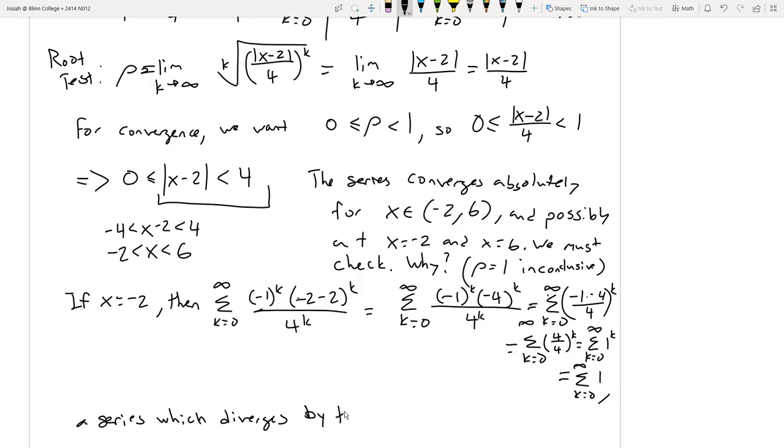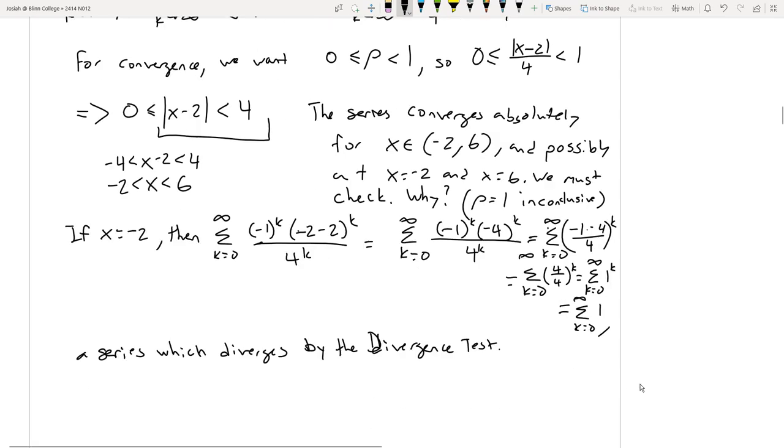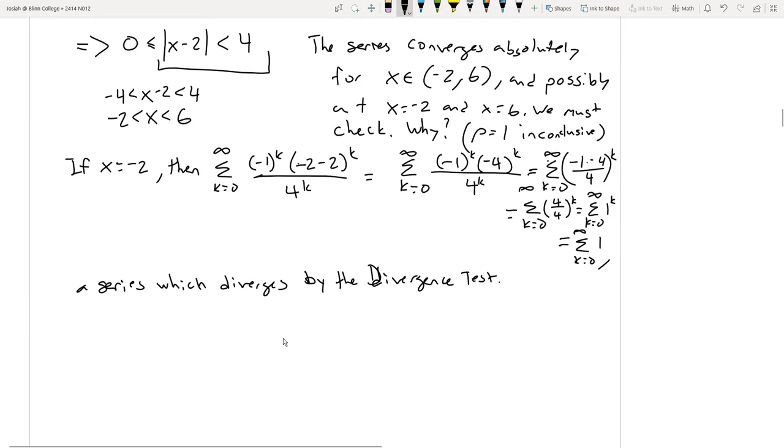By the divergence test. I guess we should capitalize that, huh? So negative 2 is not going to be included in our interval. So we go ahead and test our other endpoint.